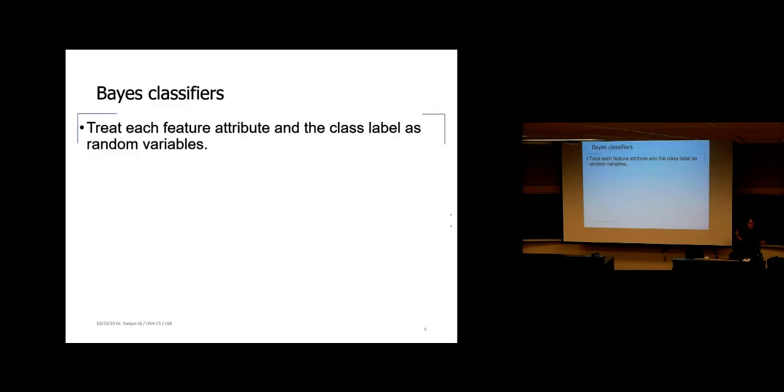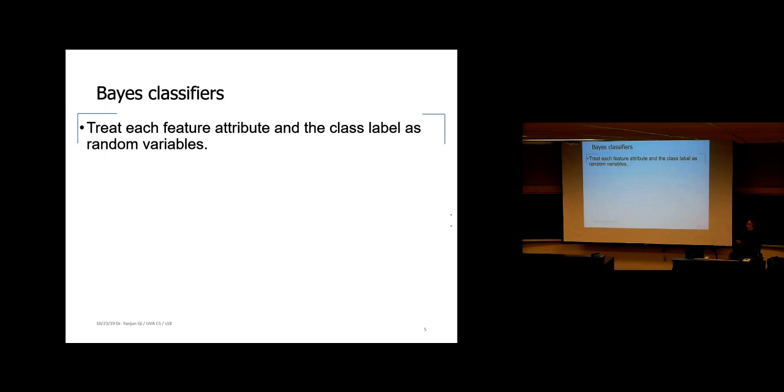In more detail, we treat each feature variable and also the class label as a random variable. Let's review what we mean by random variable. We reviewed that there's an event space and a sample space, and a random variable just projects an elementary event from the sample space into some kind of attribute.